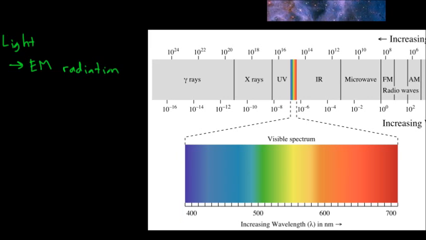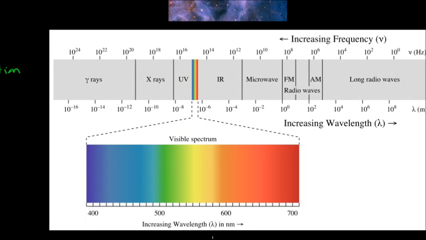And this radiation can have different wavelengths and different frequencies. You've probably heard of the different frequencies of light and how those different frequencies and wavelengths correspond to different colors. So if I have a short wavelength and a high frequency, I might have blue light. If I have a long wavelength and a low frequency, I might have red light. But this extends far beyond the colors that we can see.